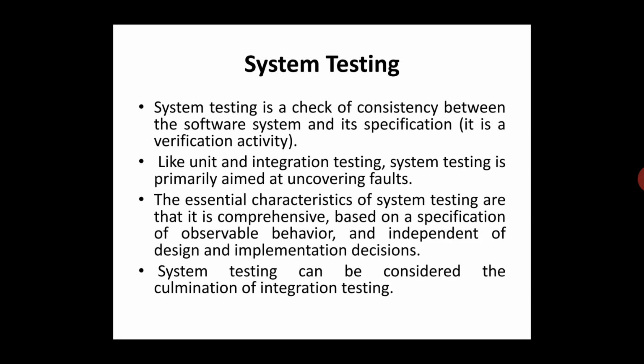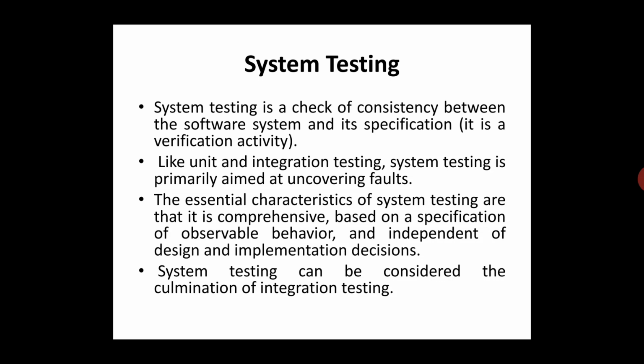System testing can be considered the culmination, or continuation, of integration testing. This is a major introduction to system test. After completion of a system, we check whether the actual system is according to its initial specification or not.